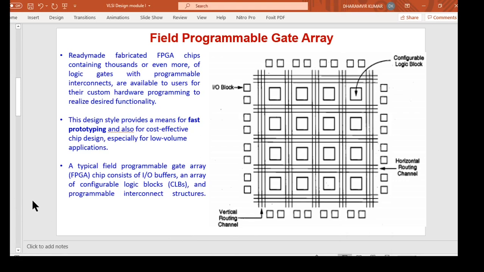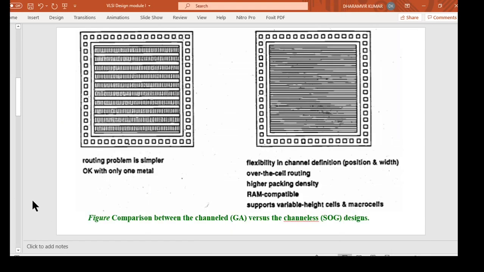There is one point: as I said, in the case of sea of gates, the transistors are used for connecting purposes. Yes, the transistors are used for connecting different cells, but it doesn't mean that we will not use metal interconnects for connecting different transistors. The metals are still used for connecting different transistors, and some of the uncommitted transistors are also used for connecting different cells on the IC.